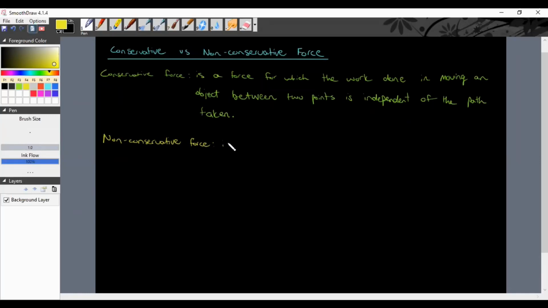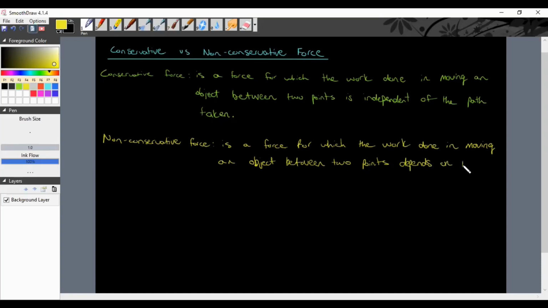First of all, it is a force for which the work done in moving the object between two points is dependent on the path taken. So the path taken plays a big role. Delta x means something to this force.